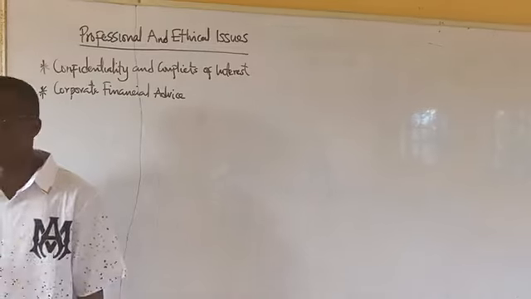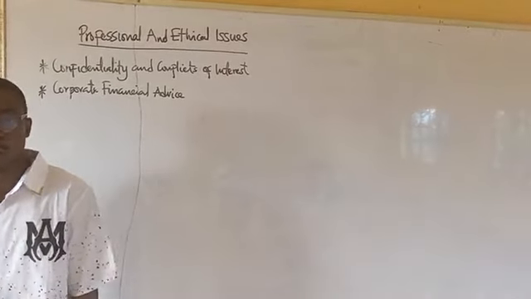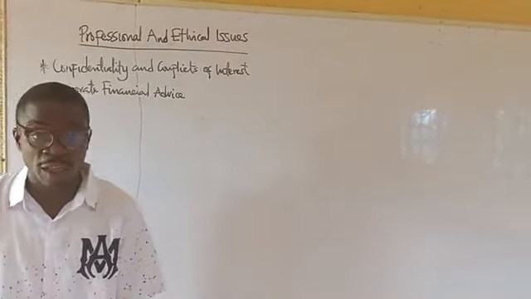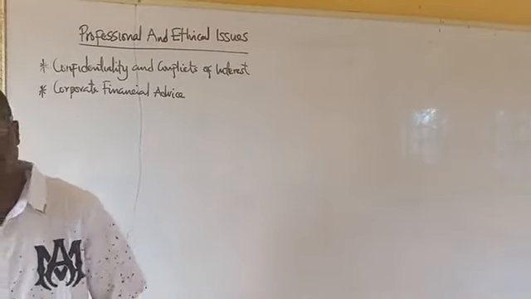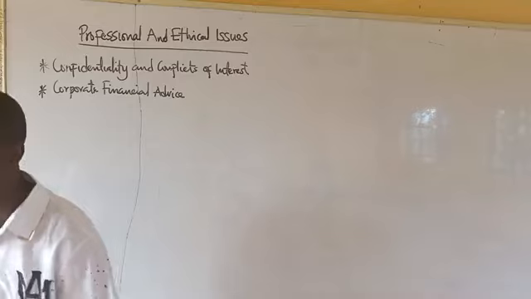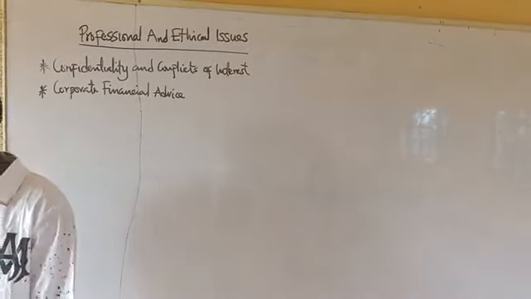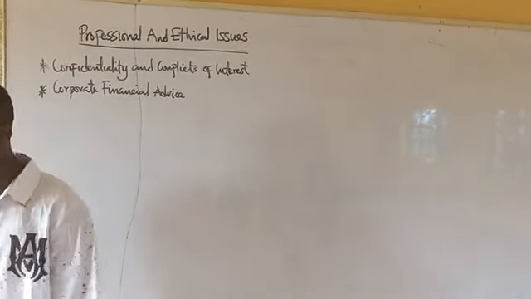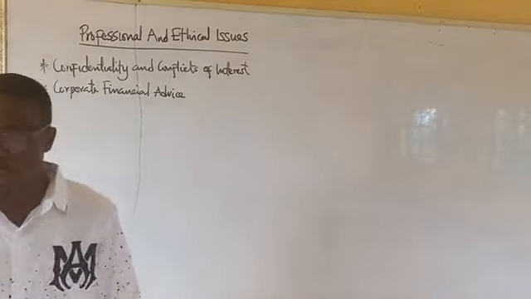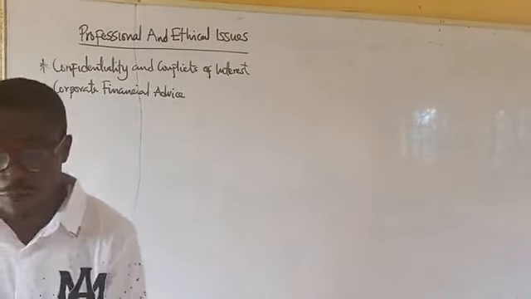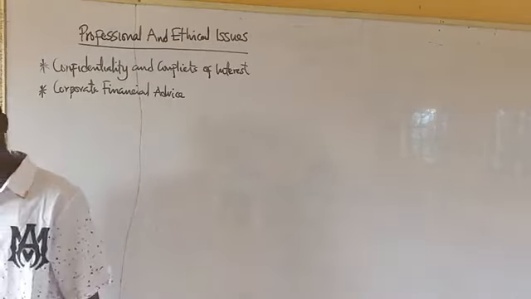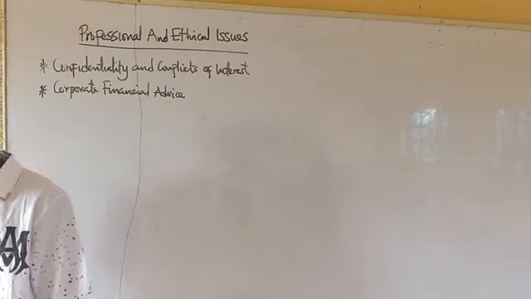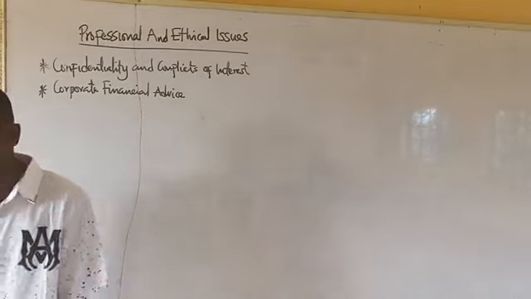Now we've talked about it. When it's required by law, because we talked about money laundering. When you discover that your client is into money laundering, it is required by law for you to disclose that activity to the appropriate authority. Or if he is into financing terrorism, you discover that during the course of the audit, you are meant to disclose that information. It is required by law.